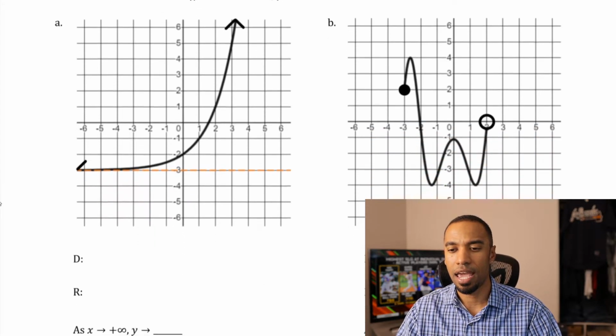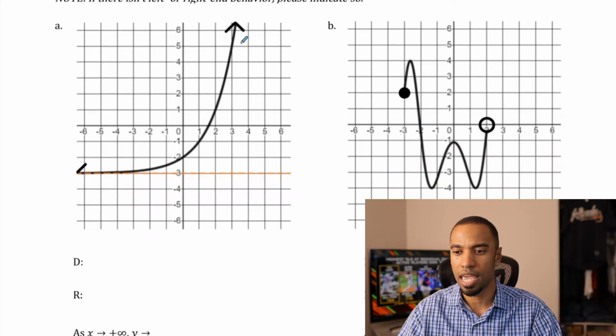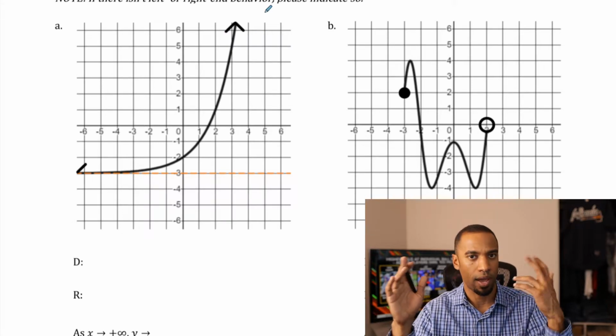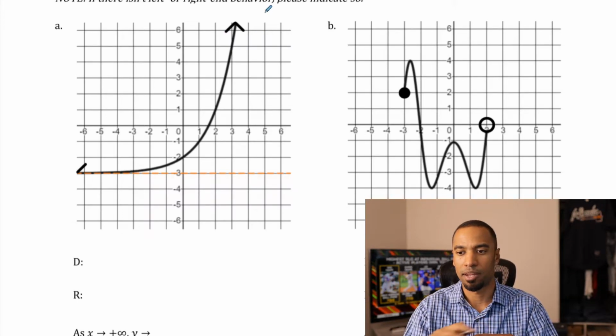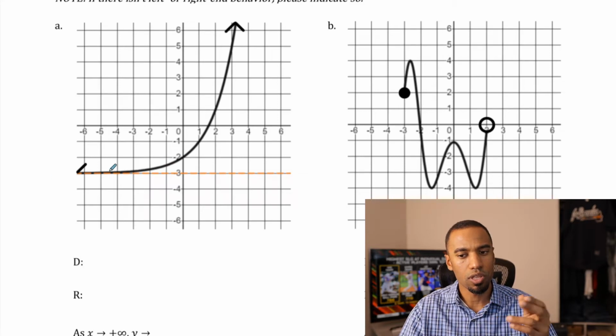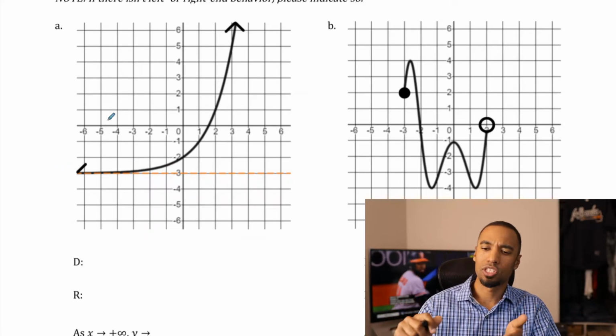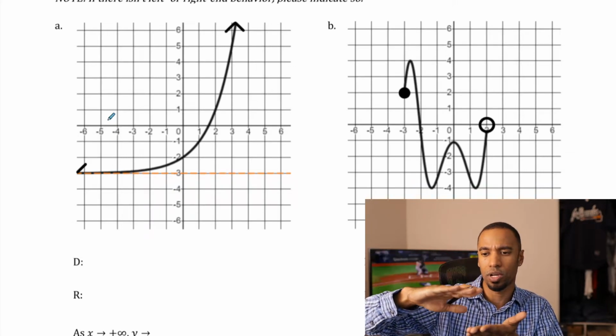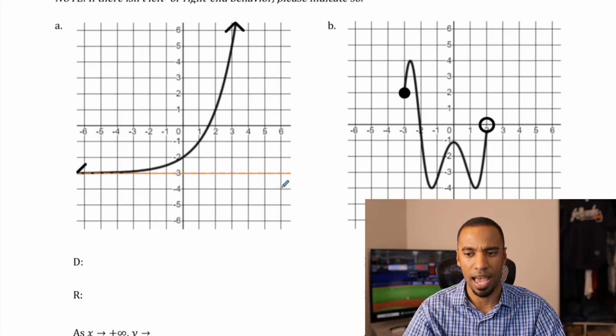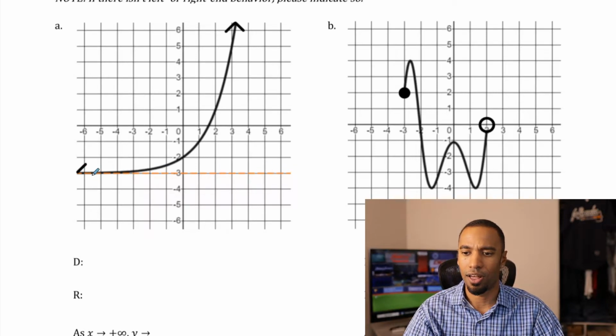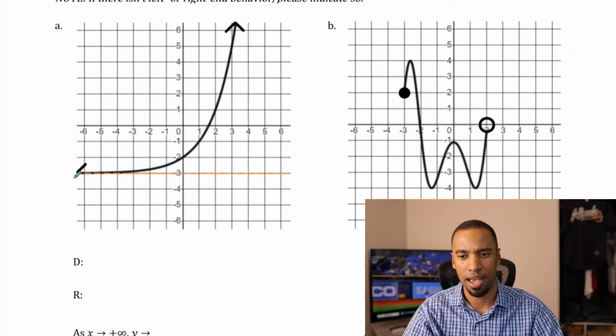All right, on part A, I have this exponential function here where it takes off, shoots up there, up and to the right, which is going to be something we make mention of. And then to the left, it goes to the left forever, and it's going down forever, but in its own way. It's going closer and closer and closer to -3, but as you see this asymptote right here, this dotted line, it says, I'm not actually going to touch or pass this line.